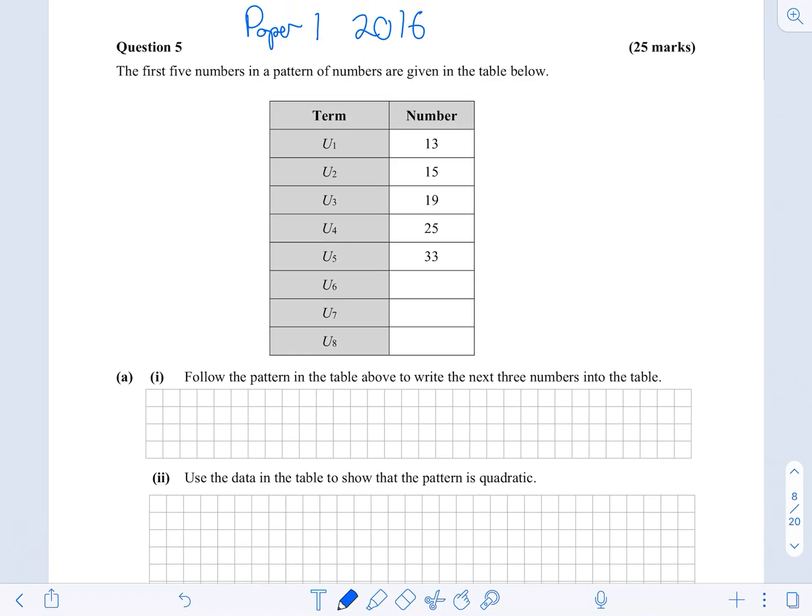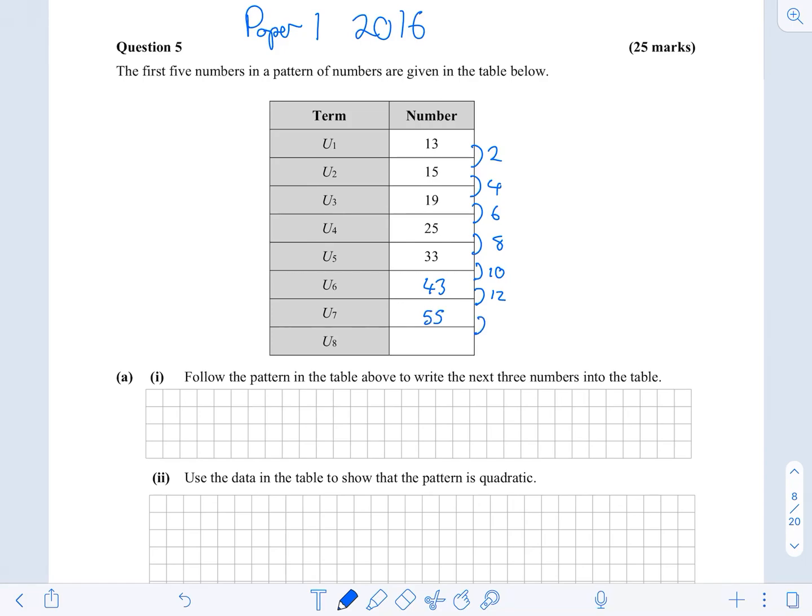So what's going on? We're going up, we jump up 2, then we jump up 4, then we jump up 6, then we jump up 8. So the next one we're going to jump up is 10, so that's going to be 43. Then we're going to jump up 12, and that's going to give us 55.